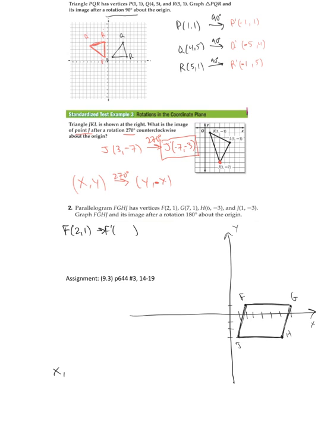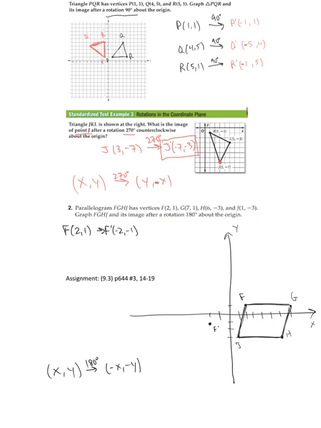Okay, guys, remember a 180-degree rotation, you just change both of their signs. Negative x, negative y. So it'll be (-2, -1). Okay, so that'll be the point F prime there.